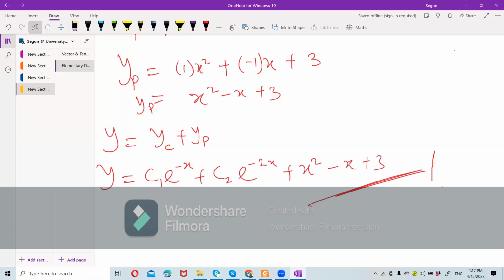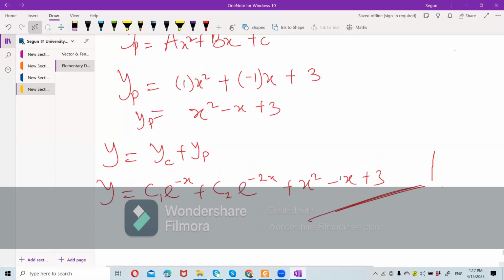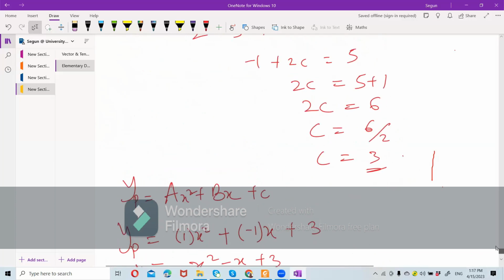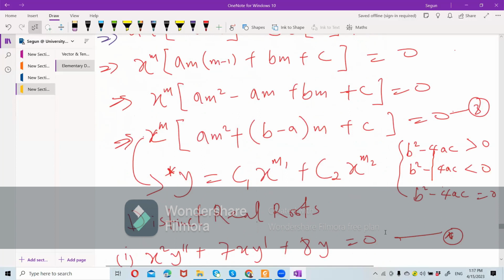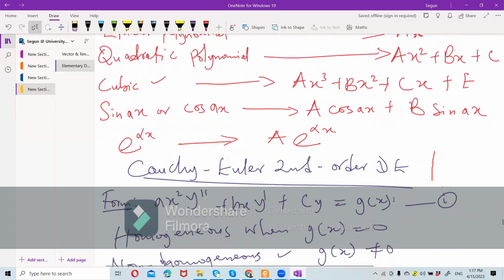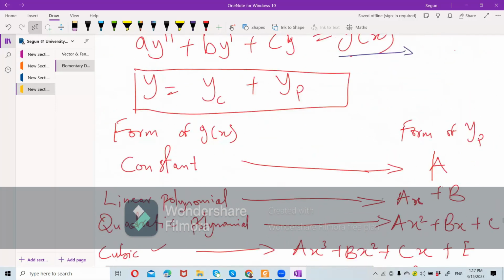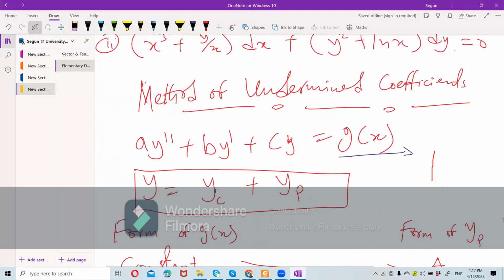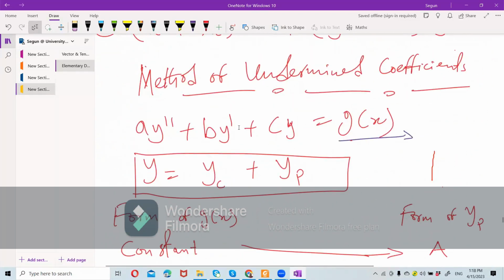Yes, sir. So we already have the table before you guys join. The table is very simple. Let me see whether I can show you the table. Overall, we are talking about homogeneous and non-homogeneous.